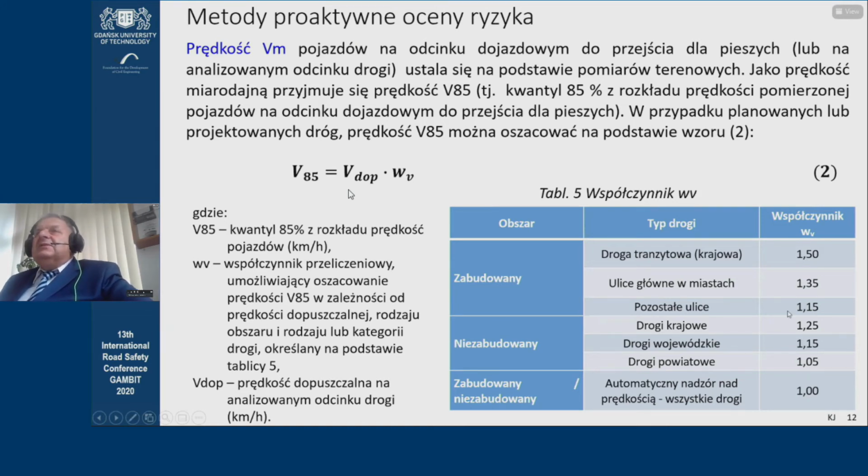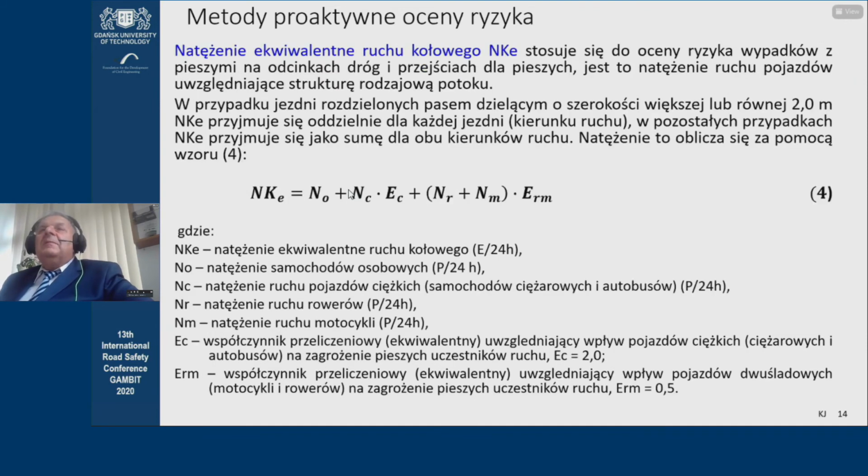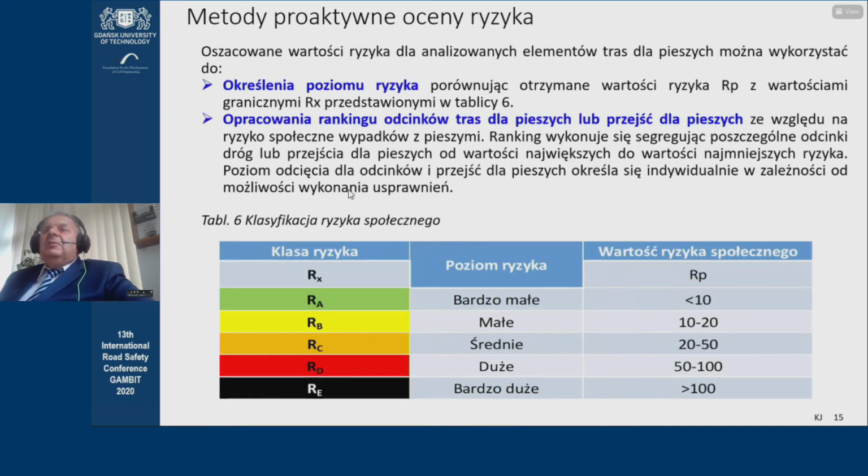If there is a speed camera, then it's 1, and it's 1.5 on national roads. And this is equivalent pedestrian traffic volume. And we look at the structure, adults, seniors, and people with disabilities. And then we have an equivalent volume of vehicular traffic, so trucks, that's higher risk, not so much for motorcycles.